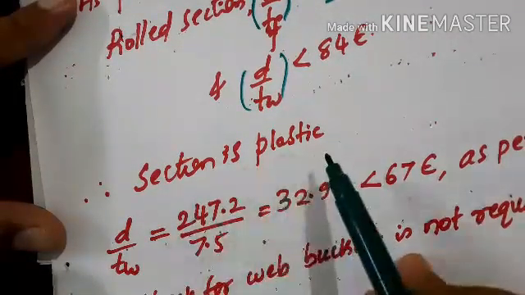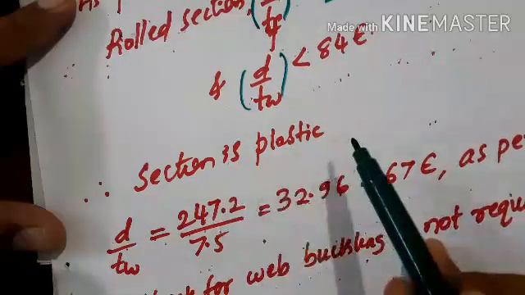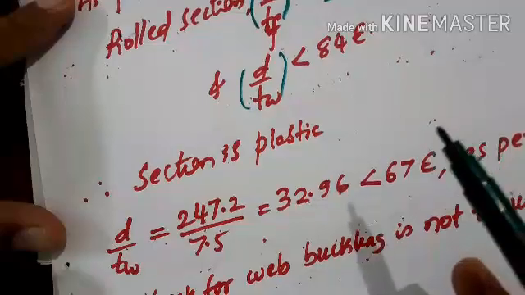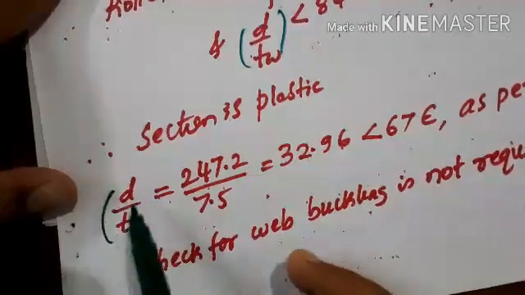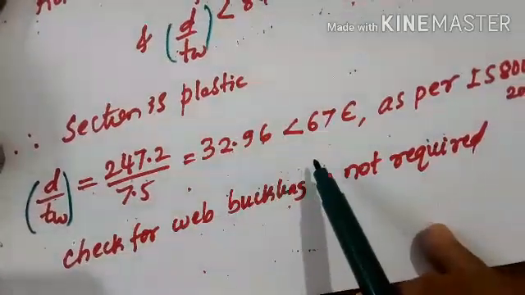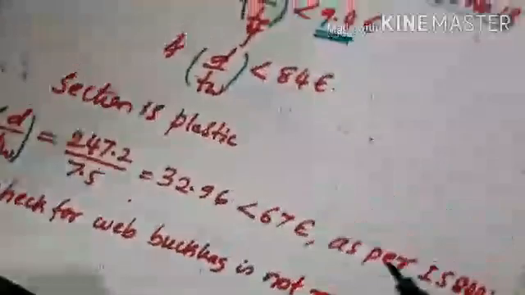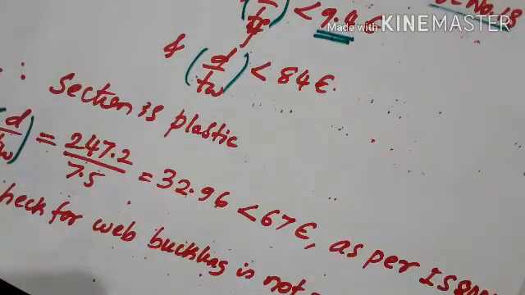Now after classification we come to know that the section is plastic, hence we have to design it as a plastic section. One more check we need to do: the depth to thickness ratio should be less than 67 times epsilon, and that is also given in the code. I'll show you here, that is page number 18 of IS 800.